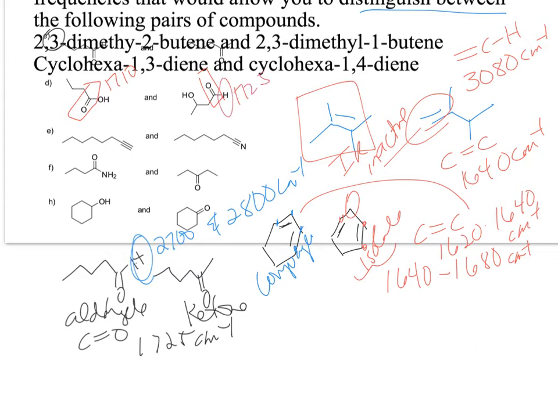But you're also going to have the two peaks here at 2700 and 2800. You're not going to see that in this one. And then you're also going to see this broad OH. So it's going to be very broad, around 2500 to 3500. And this OH is going to be broad and strong around 3300.